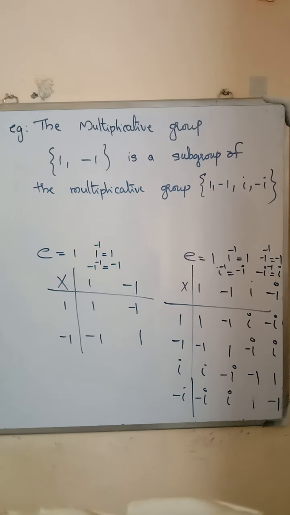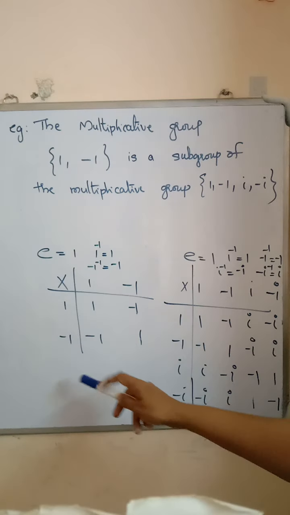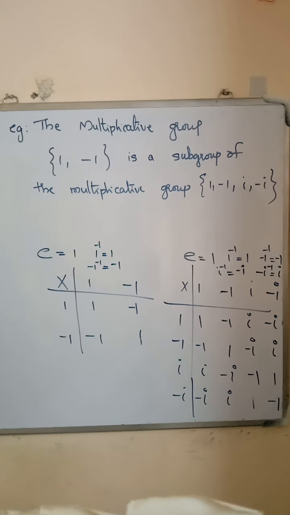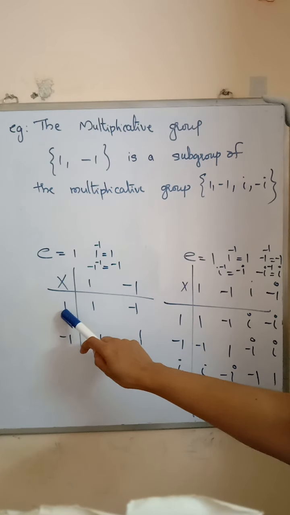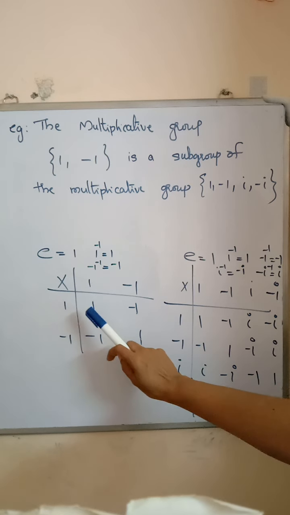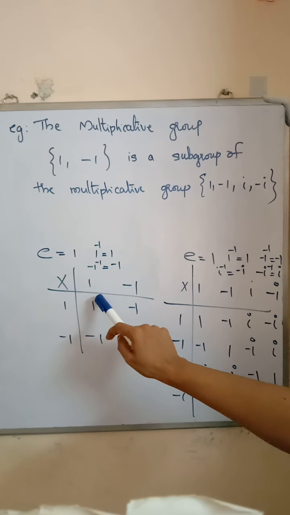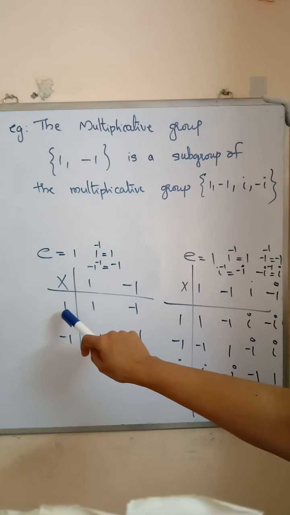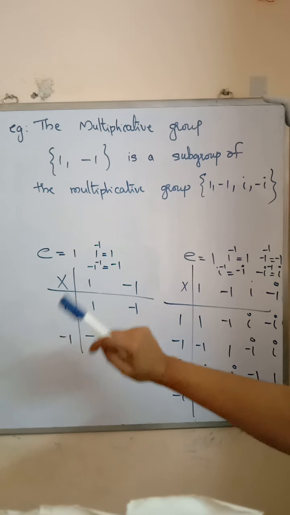So 1 is the identity element of this group. And also every element has an inverse. What is the inverse of 1? 1 itself, because 1 into 1 is 1, the identity element.